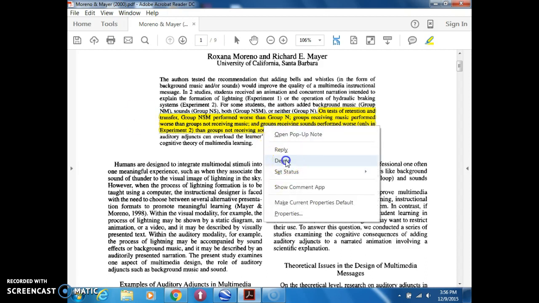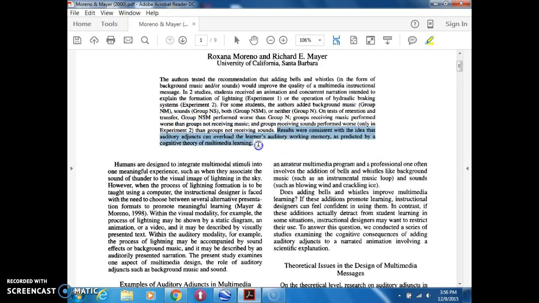And then finally, the last piece to the abstract is this last section that talks about whether your results were either consistent or not consistent with your hypothesis or the recommendation that you were testing. So in this case, results were consistent with the idea that these auditory adjuncts, in other words, the bells and whistles and the music that they played, can overload the learner's auditory working memory as predicted.